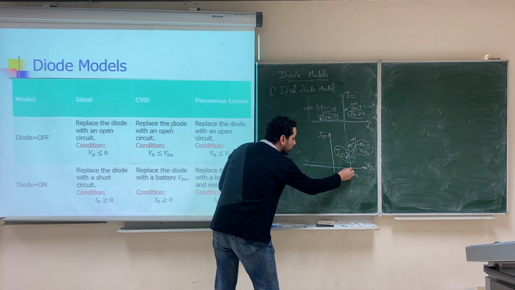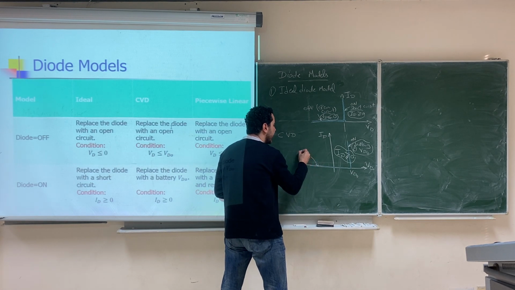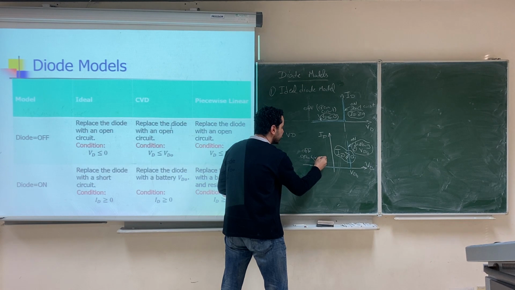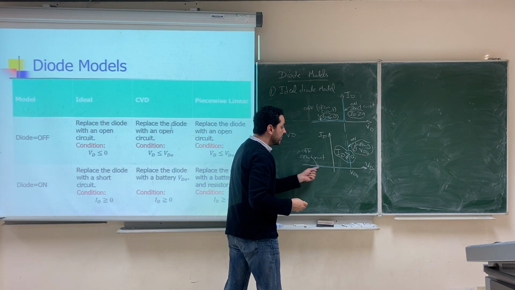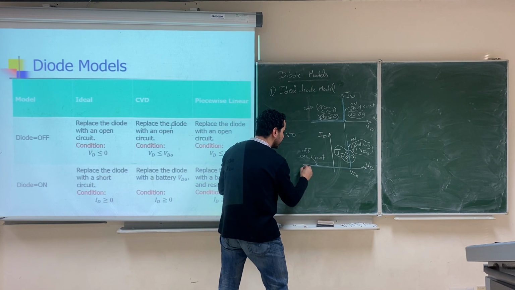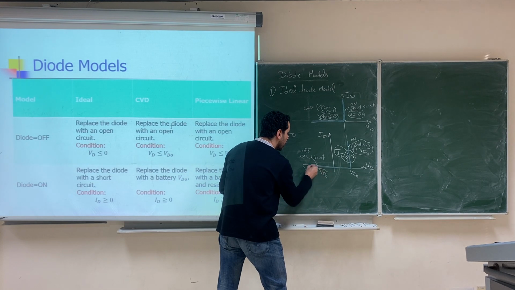When the diode is off, which is this region, it will work as an open circuit again. But the condition for the diode to be off is that the voltage of the diode must be less than or equal to VDO.